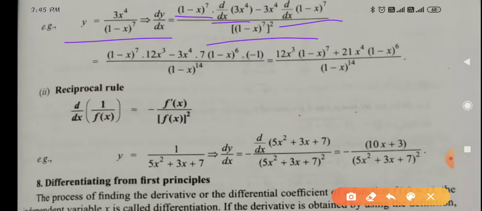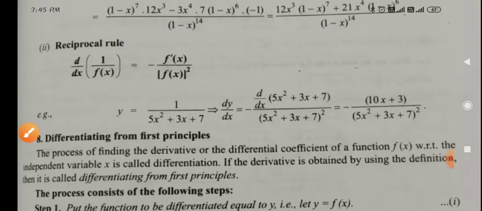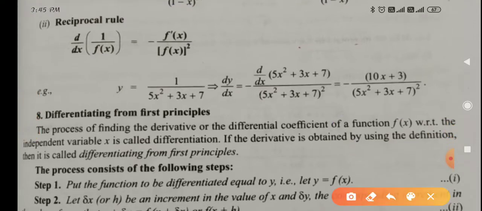Now you can simplify and you will get this final answer: 12x cubed into (1 minus x to the power 7) plus 21x to the power 4 into (1 minus x to the power 6) upon (1 minus x) to the power 14.